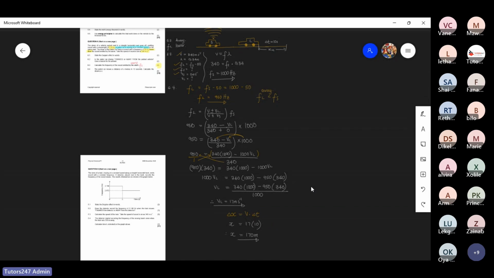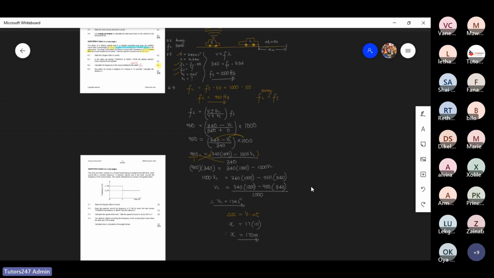Once we calculated the velocity of our patrol vehicle as 17 meters per second, we were then able to substitute that value into one of our equations of motion, which was displacement equals velocity times time.